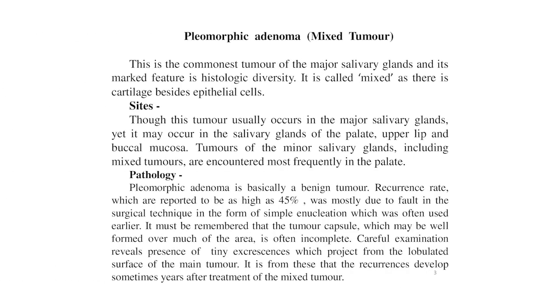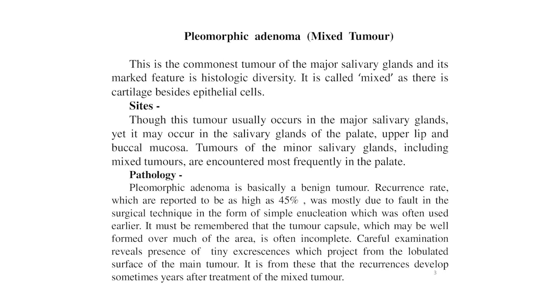Now, the first entity of the neoplasms of the salivary glands is the pleomorphic adenoma, which is the commonest and is also called the mixed tumor. This is the commonest tumor of the major salivary glands, and its marked feature is histologic diversity. It is called mixed as there is cartilage besides epithelial cells. Though this tumor usually occurs in the major salivary glands, yet it may occur in the salivary glands of the palate, upper lip, and the buccal mucosa.